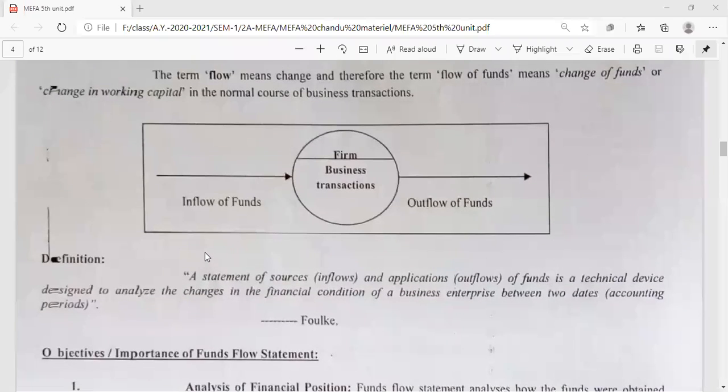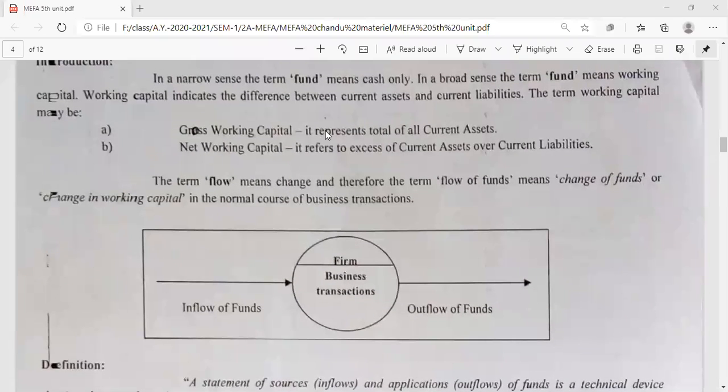Gross working capital is the total of all current assets, and net working capital is current assets over current liabilities.